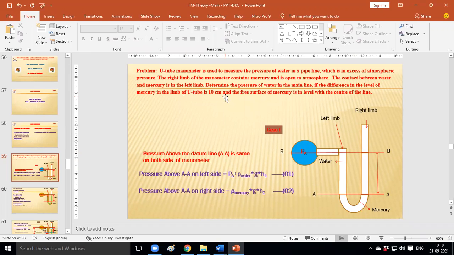And the free surface of mercury: where is it available, in left limb or right limb? Only in the right limb.